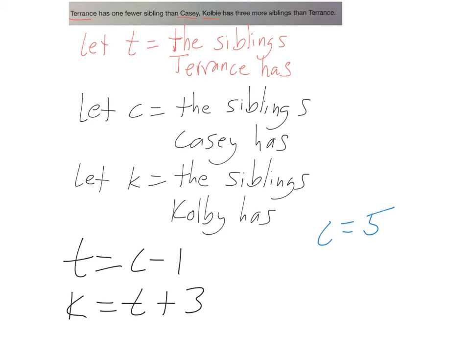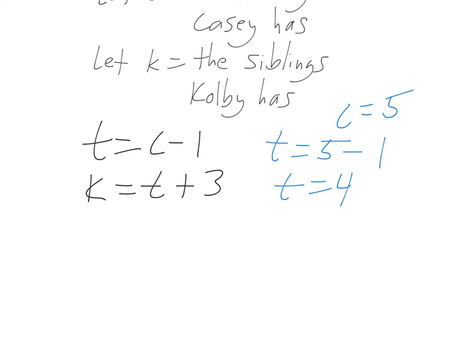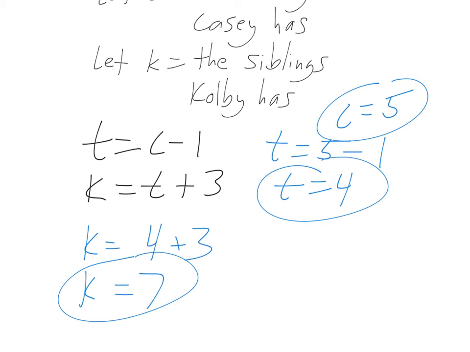You substitute that in and T is going to equal 5 minus 1. T is going to equal 4. Now that I know what T equals, I can substitute into the other equation. So K equals 4 plus 3, K equals 7. So now I have figured out all 3 variables, C, T, and K, just by being given one of them.